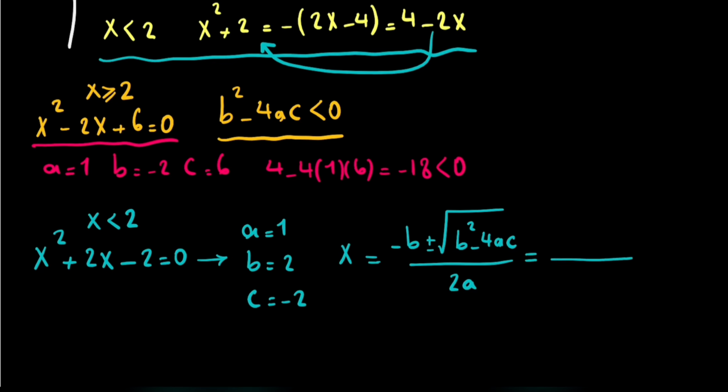So x will be equal to, on the denominator you have to write 2, and b was equal to positive 2, so negative b will be equal to negative 2, positive and negative square root of b squared, that's 4, minus 4 times a times c. a was equal to 1, so I don't want to write it. c was equal to minus 2, right? Yes.